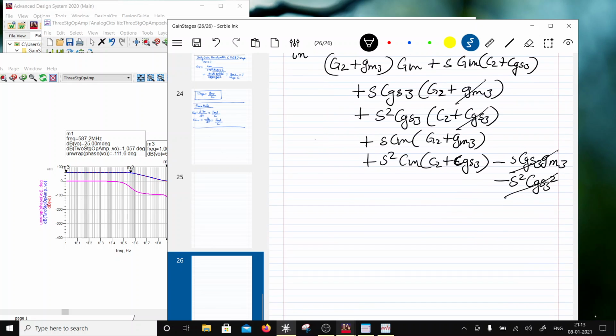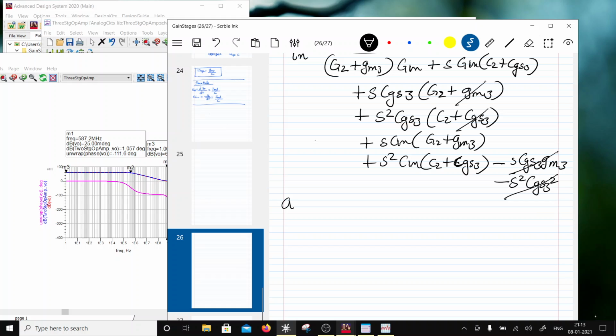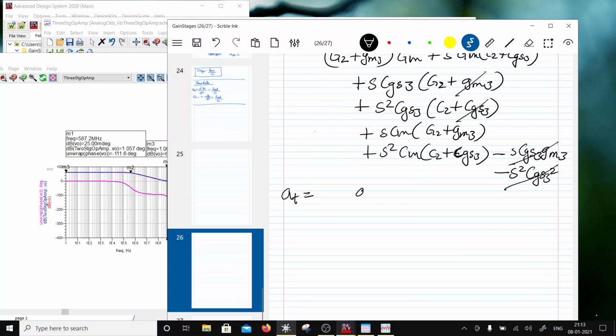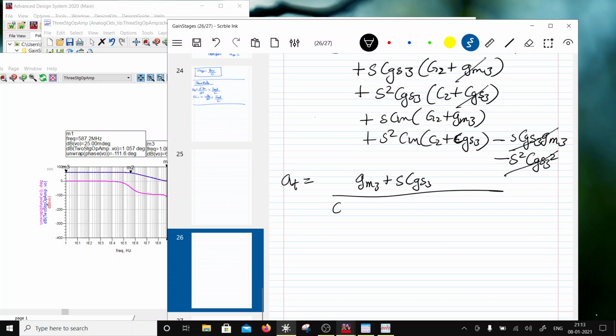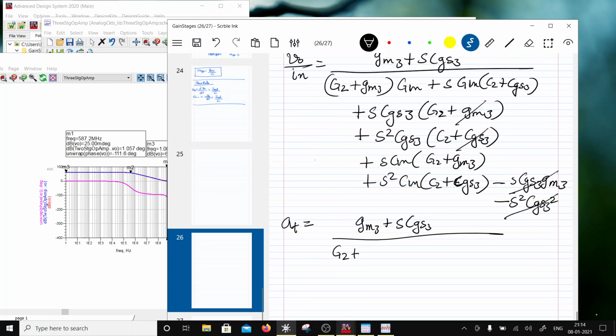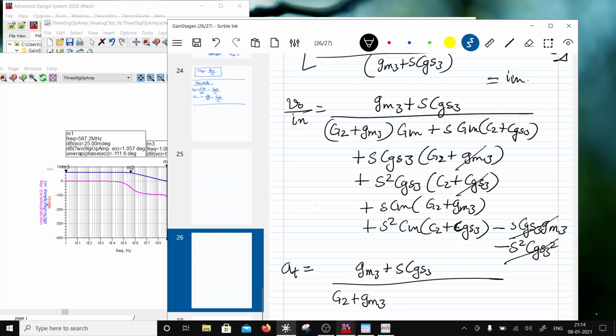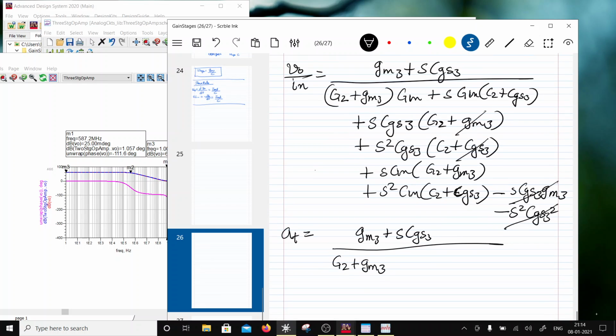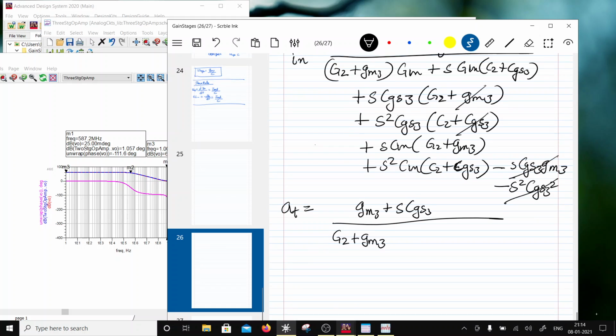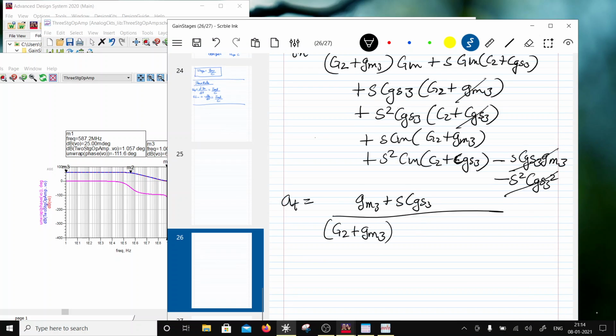So now this transfer function AT would be equal to (GM3 plus SCGS3) divided by, let's collect the terms, (G2 plus GM3) times G in, right?